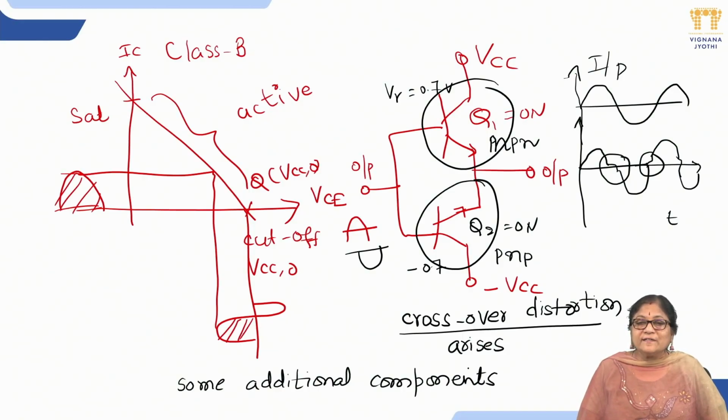What is the need for those components? In the positive half cycle, the NPN should get 0.7 volts, and the PNP transistor should get minus 0.7, so that it can avoid this lag in changing over from the positive peak to the negative peak.